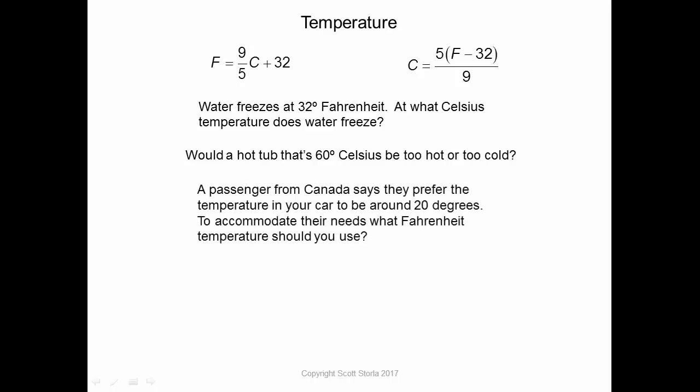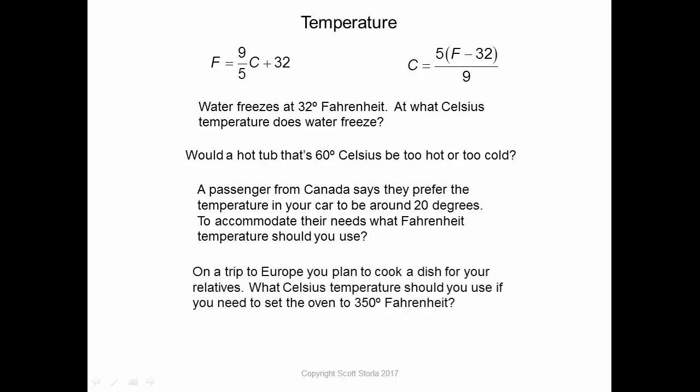How about this one? Here, since I'm looking for a Fahrenheit temperature and I'm probably given a Celsius temperature, it would be this formula. And here's our last one for temperature. I'm given a Fahrenheit temperature and I'm looking for a Celsius temperature, so this would be the right formula.